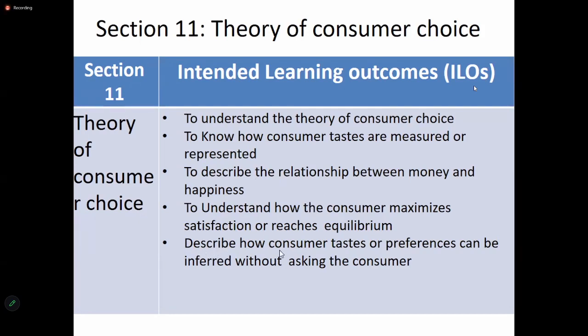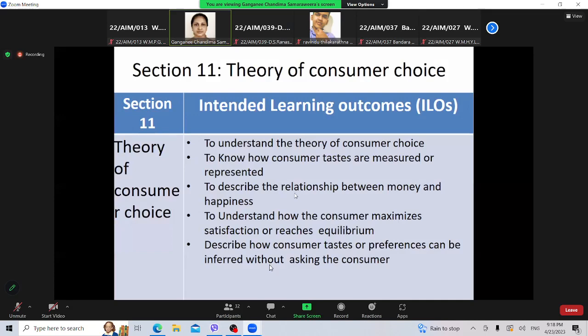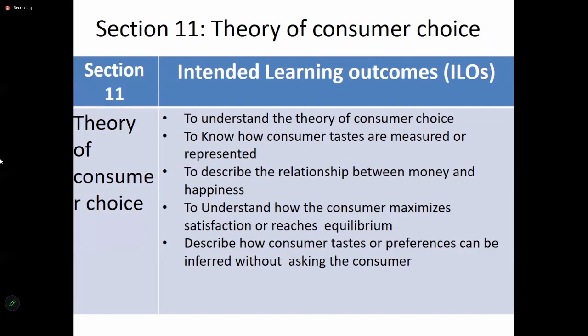And describe how consumer tastes or preferences can be inferred without asking the consumer. Okay, so theoretically, we measure what their tastes and preferences are, how they reach the equilibrium point, and how their tastes and preferences are measured.